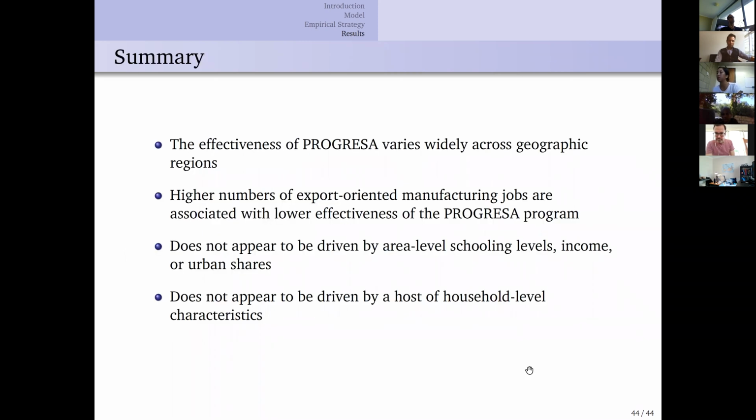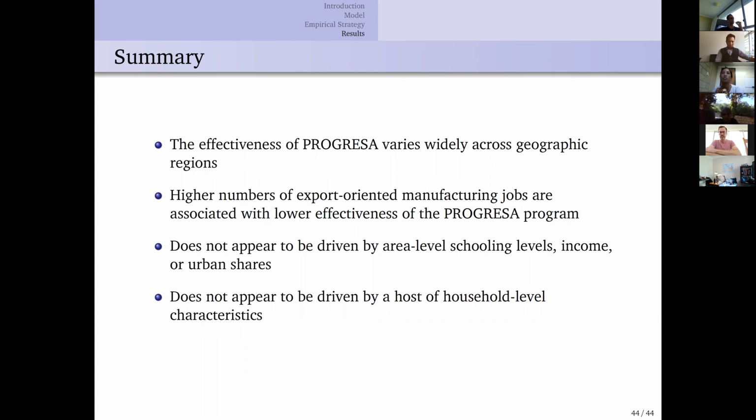So I think I'm running out of time. So this is the last slide. I've called it summary. This is still preliminary work, so it feels weird to say conclusion. But what we're finding right now is that the effectiveness of PROGRESA varies widely across geographic regions. Higher numbers of export-oriented manufacturing jobs are associated with lower effectiveness of the PROGRESA program.